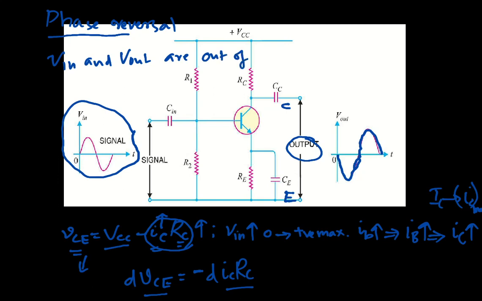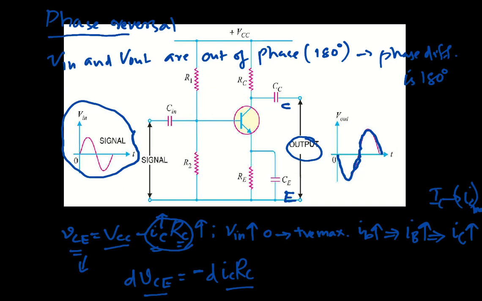That is, there is a phase difference of 180 degrees between the input voltage and output voltage.